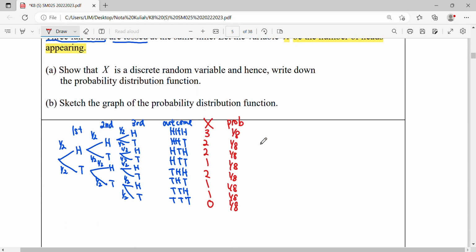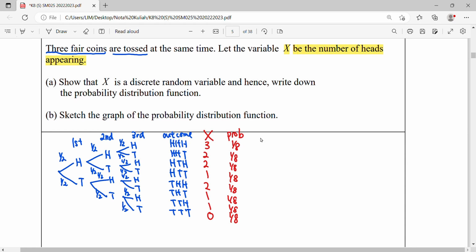Then we build up our table about our random variable. So the random variable here, X, will be having what values? 0, 1, 2, and 3 only.